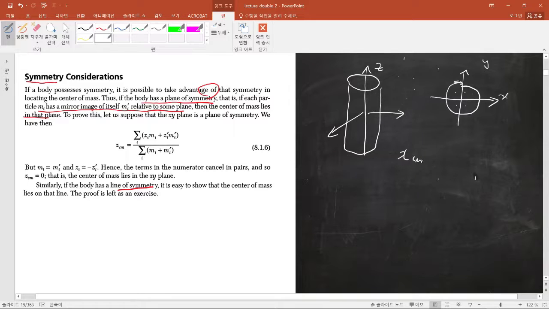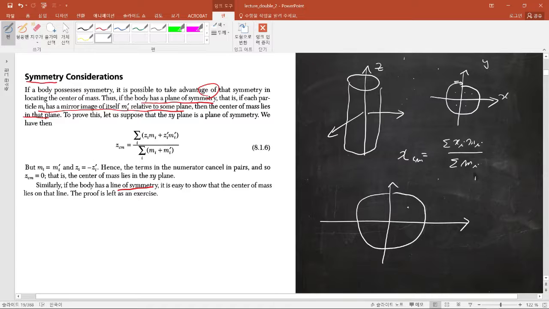So in this case also, if you calculate the x center of mass, it is given by one over sigma mi times sigma xi mi. But you see, if you have a rotational symmetry, if you have xi here, precisely you also have minus xi.